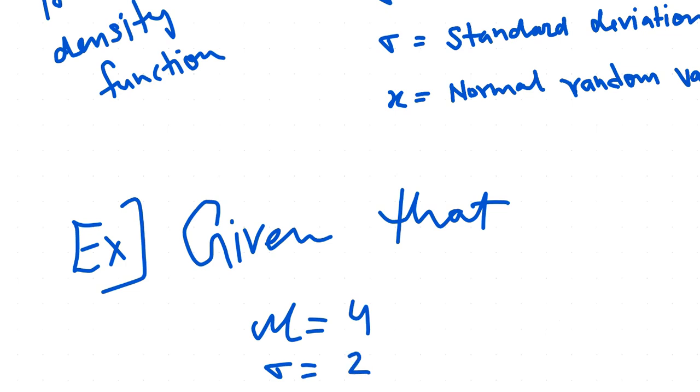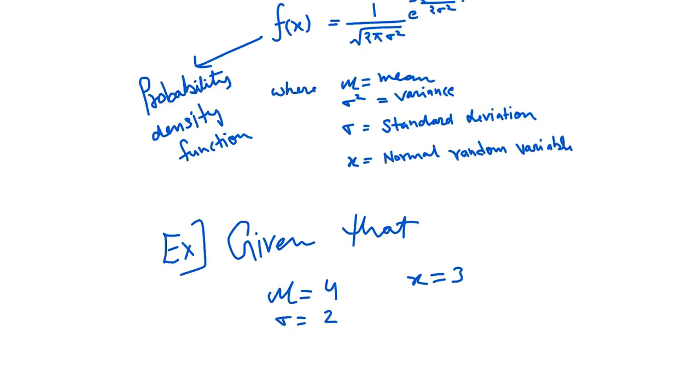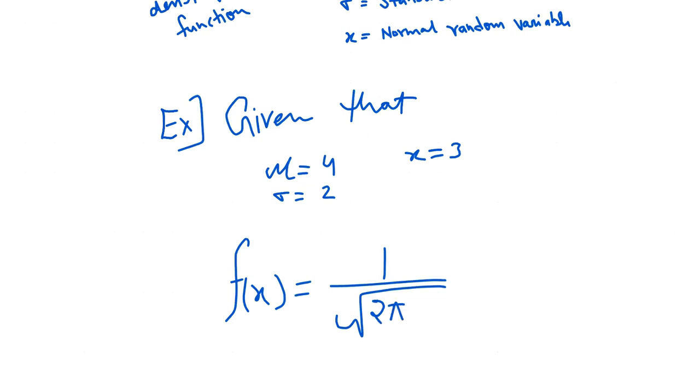So let us put all these values in the normal distribution formula here. So f(x), the probability density function, is equal to 1 upon square root of 2 pi into 2 square, like we have here.